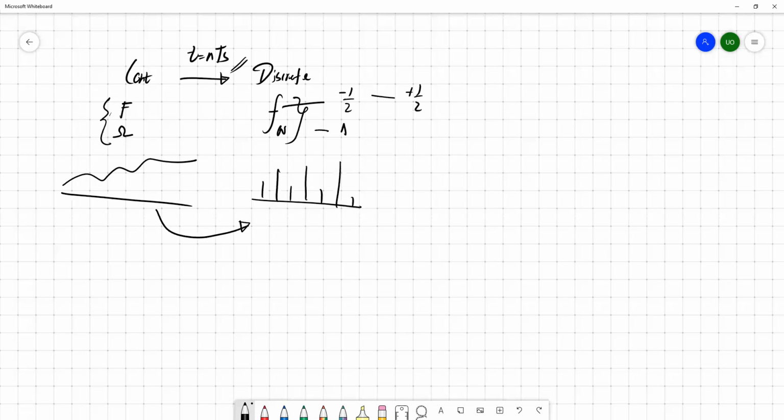And this is basically limited to minus pi to plus pi. So that's the real thing that happens inside this entire sampling process once you convert this continuous signal into a discrete signal.